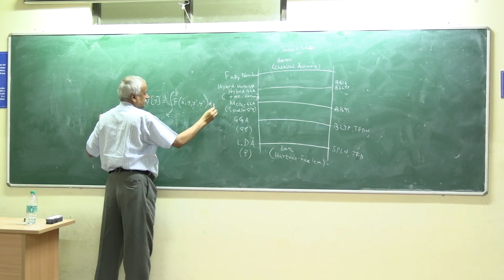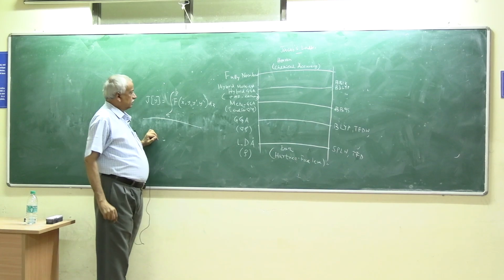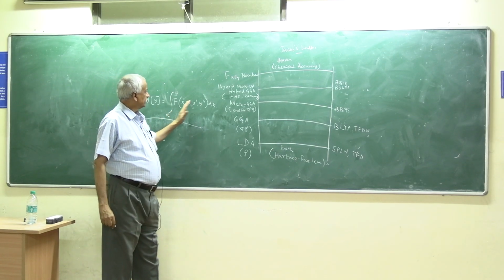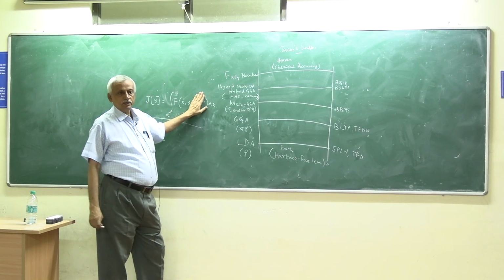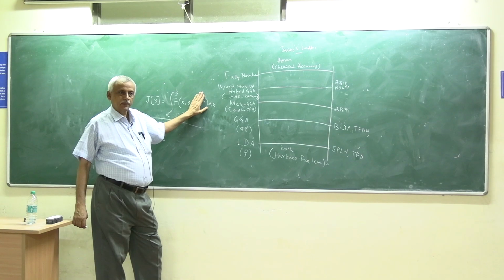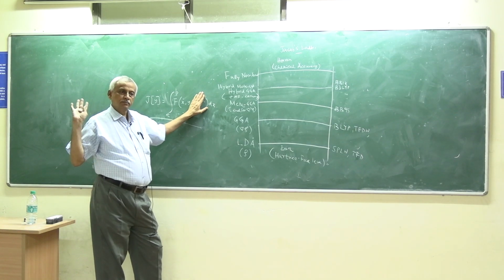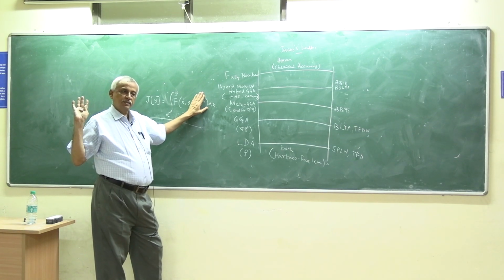Let us say this is a general one. If your functional is only up to y, remember Thomas Fermi, only rho to the power 5 by 3, Dirac exchange, only rho to the power 4 by 3.